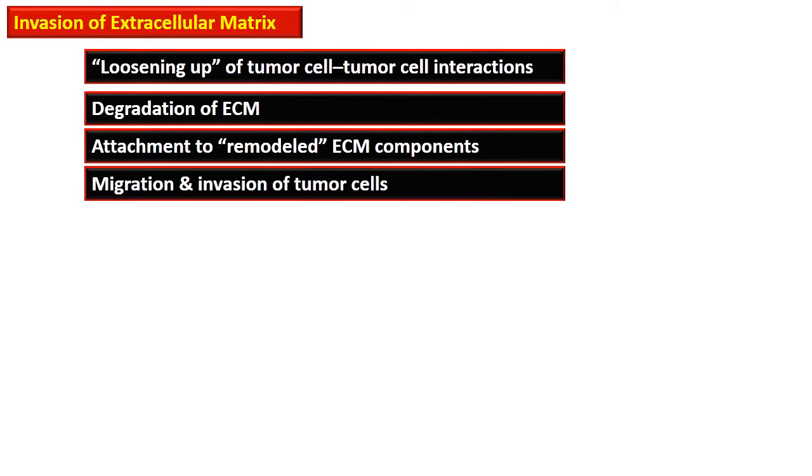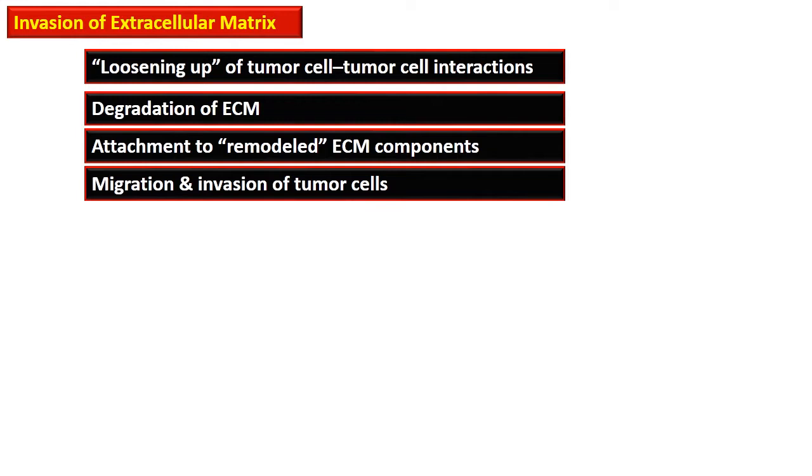When a tumor cell is going to metastasize or invade the local structure, there should be degradation of the basement membrane first, and then degradation of the extracellular matrix or the interstitial connective tissue.